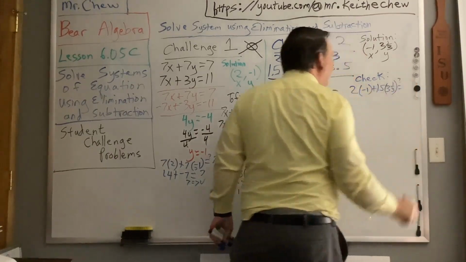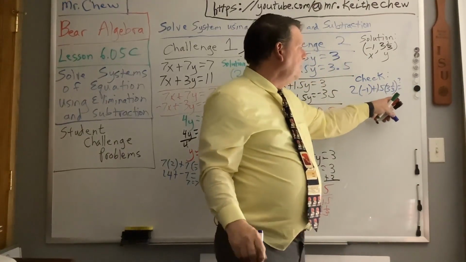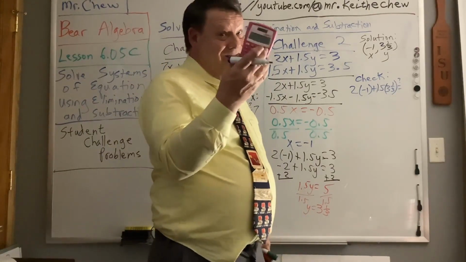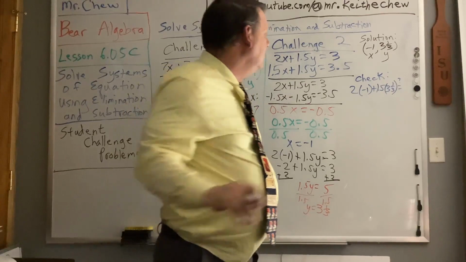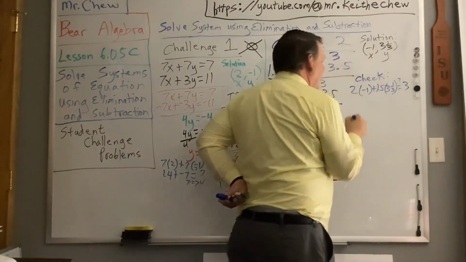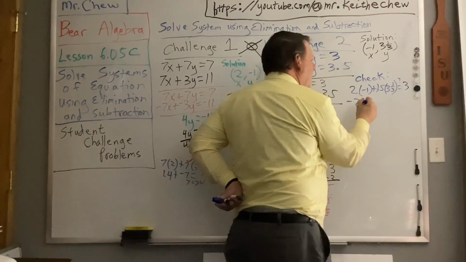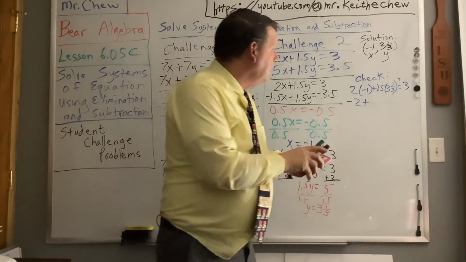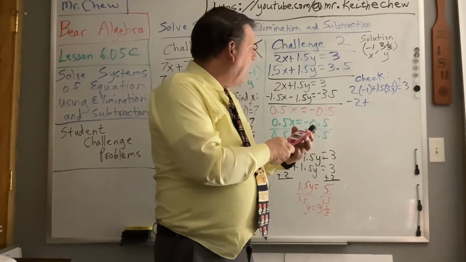What do I mean it gets funky? I've got a decimal times a mixed number, but this TI-30 will do that. All right, and then we know that that's going to equal 3 if that's on the line. So I've got -2 here. 2 times -1 is -2. I don't know what 1.5 times 3 1/3 is, but I'm going to figure it out here.